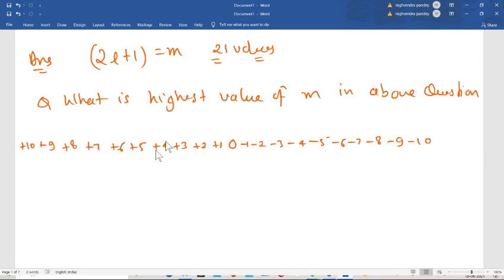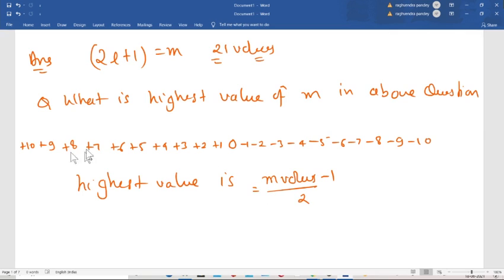Or you can write that it is out of, means with including 0, minus 1 divided by 2. It is minus 1 divided by highest value. What are the values of M? You deduct minus 1 and then divide by 2, so that you can get it. So here you can count 1 plus.